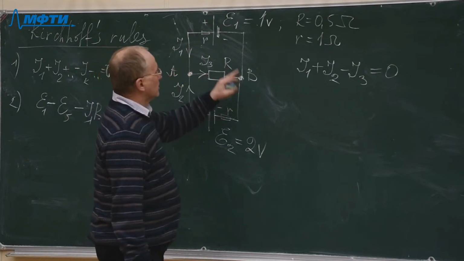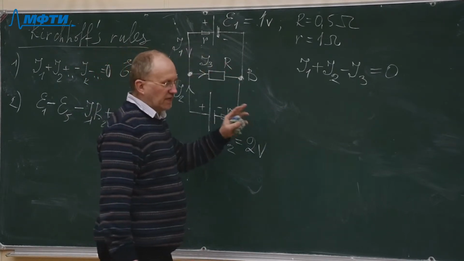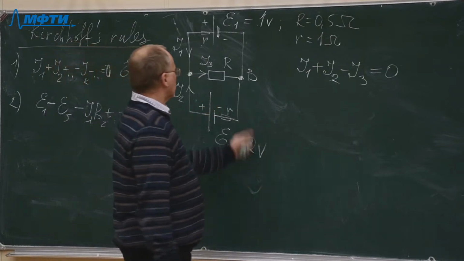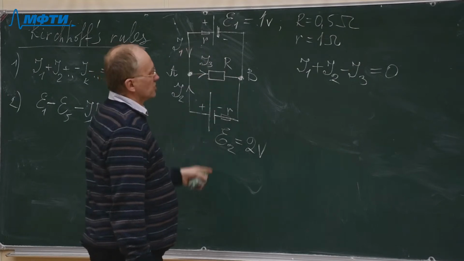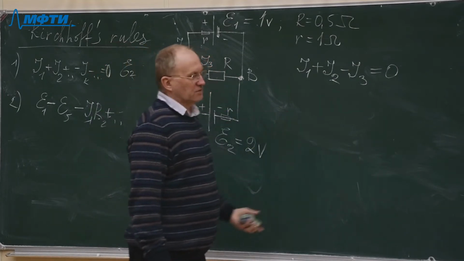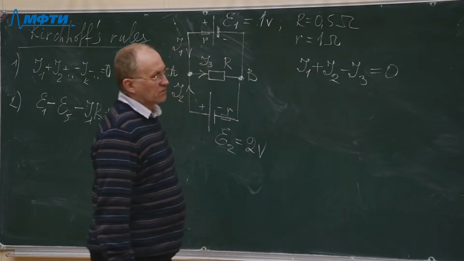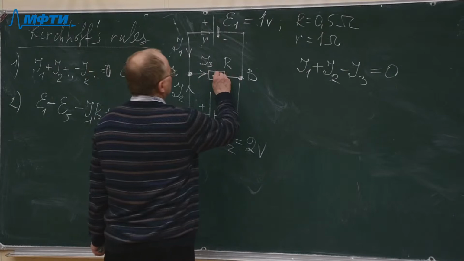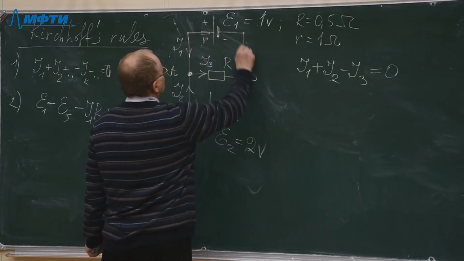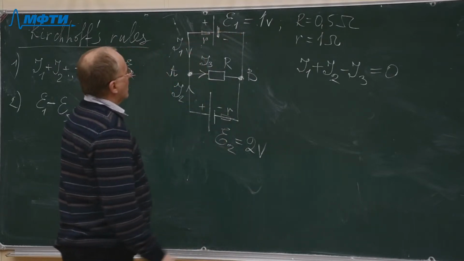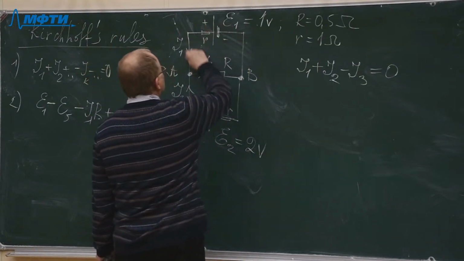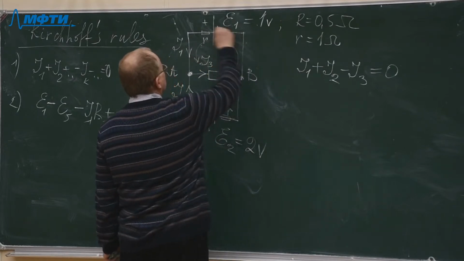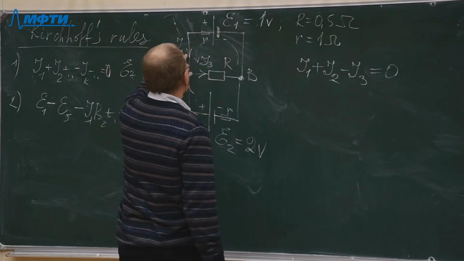You don't have to write this equation for all the junctions in the circuit. Actually, the number of equations must be less than the number of junctions, because at least one equation will be a consequence of all the other equations. Now the second Kirchhoff's rule: we must take a closed circuit, for example this one, and calculate all the potential differences along this circuit, if we go around this circuit in the direction of the current.